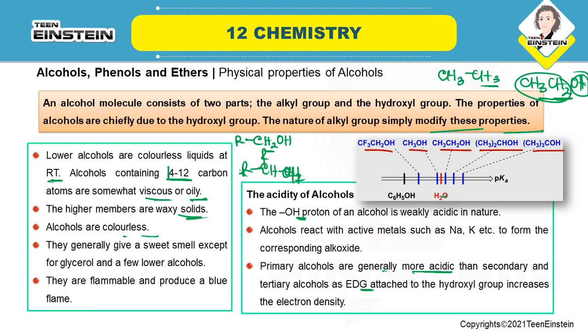And pK values are gradually increasing as you are moving from left hand side to right hand side. If this is the scale of pK, the red vertical line that you are seeing is actually the position for pK of water. That means all these three lines that you are seeing below this are lower than the pK value of water.